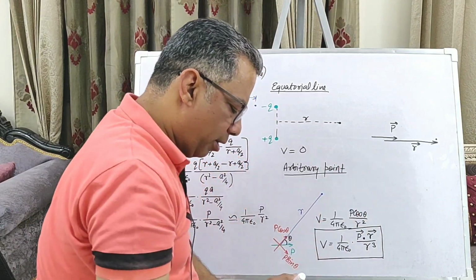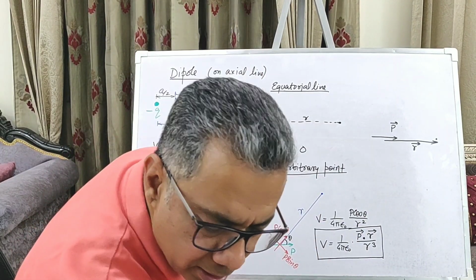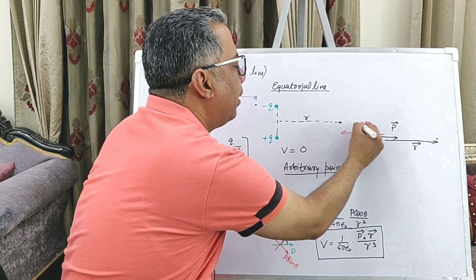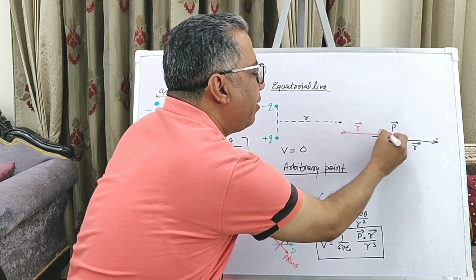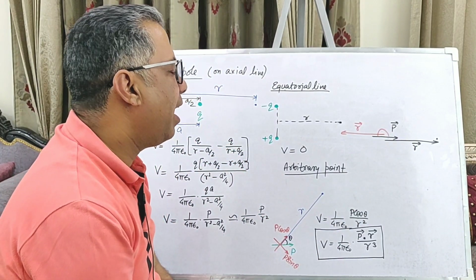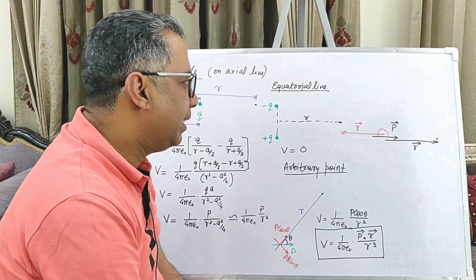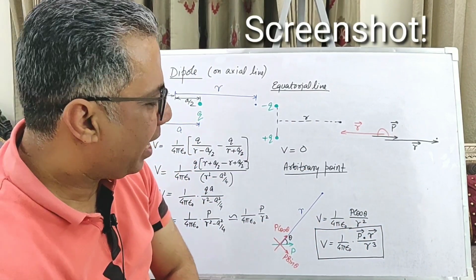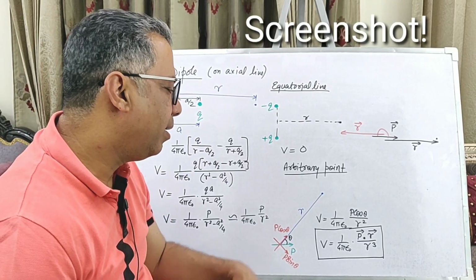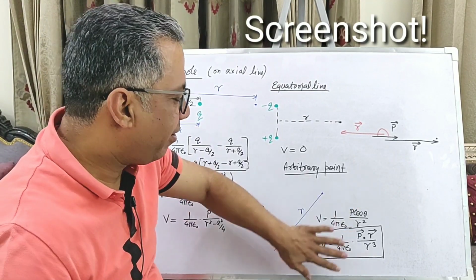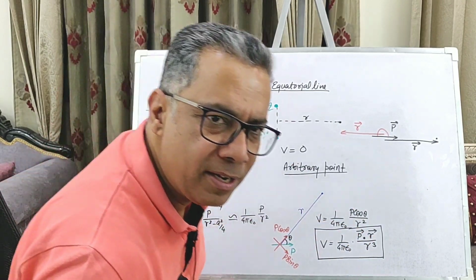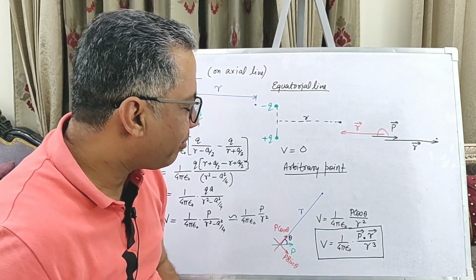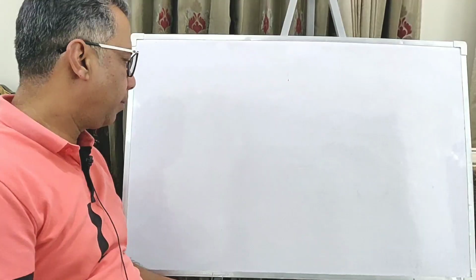But if you took your R in the opposite direction, this way, then the angle between P and R would be 180 degrees, and for a 180 degree angle cos theta would be -1, and with cos theta equal to -1, potential would be negative, and therefore this formula incorporates the sign as well, and therefore it's a more complete formula for calculating potential due to a dipole.